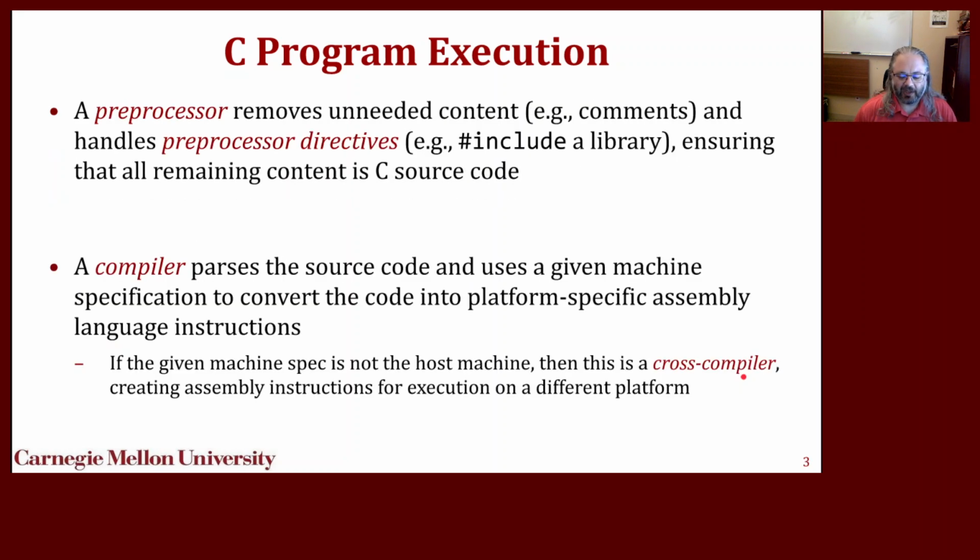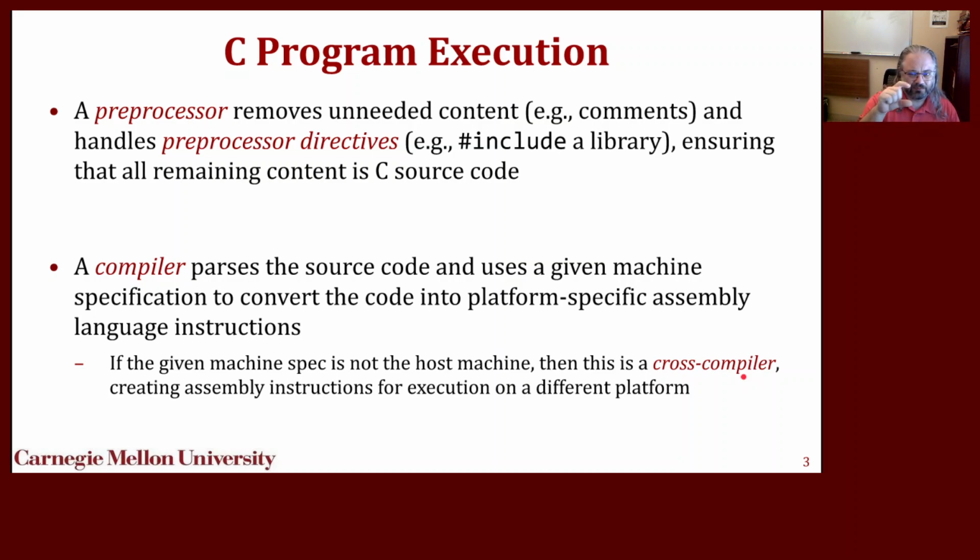So the first step is pre-processing. And what the preprocessor does is it does essentially 2 things. It handles the directives, these are called preprocessor directives, things like using the #include to include a library. The preprocessor will actually go and fetch the contents of these libraries and embed them into the source code.